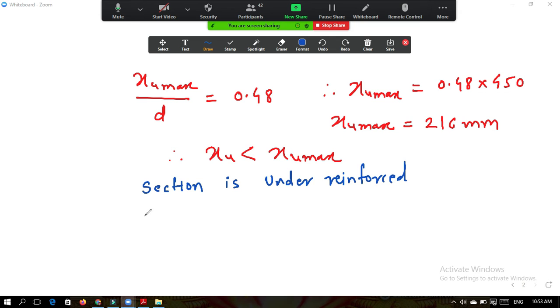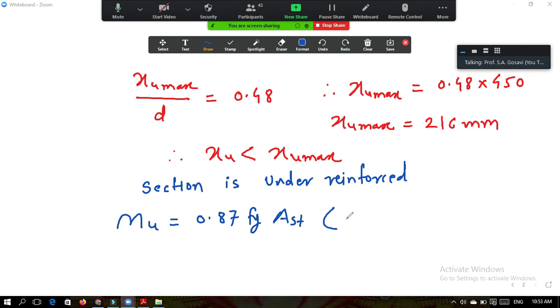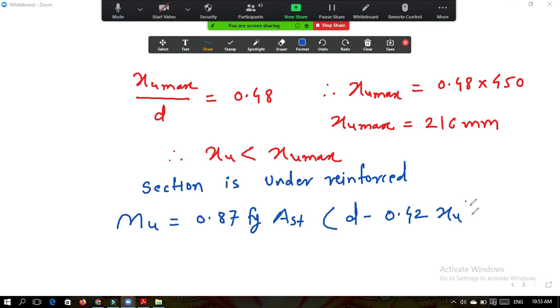If the section is under reinforced, therefore we can calculate the MU as 0.87 Fy AST into D minus 0.42 XU. If you put the values, you will get the answer.